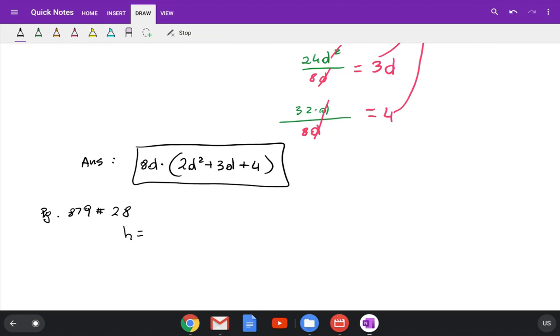h equals negative 16t squared plus 64t. Okay, t is time in seconds.